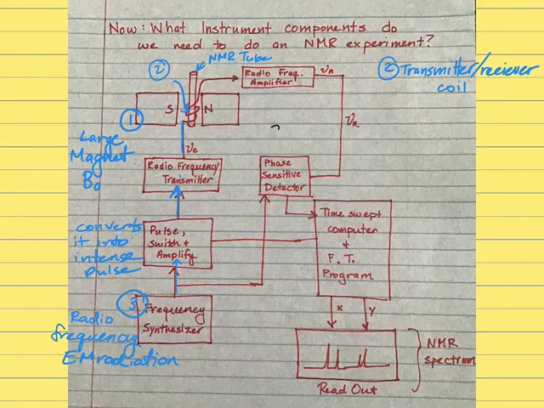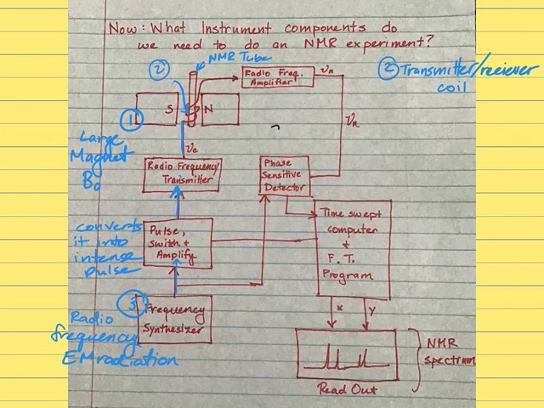So then through that coil, the pulse that has been created through the other instrument components is applied to your sample. The same coil then detects the signal along the x-axis, which is passed along to a radio frequency amplifier, something that amplifies the signal.